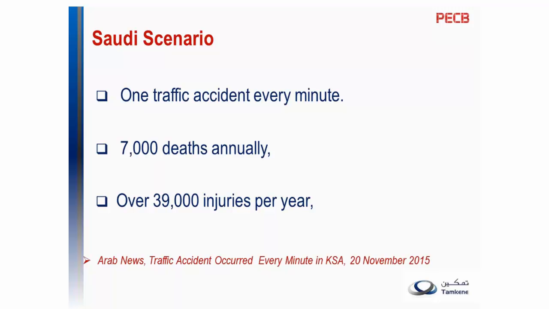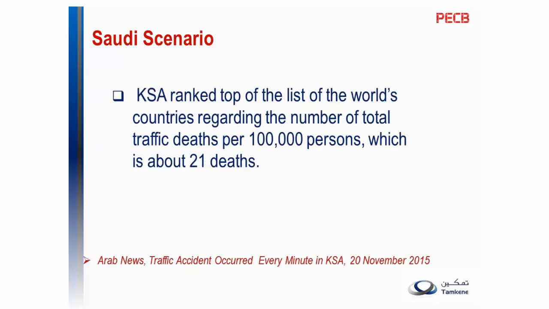That means roughly 7,000 deaths annually and over 39,000 injuries per year. Now, if you translate that into traffic deaths, KSA ranked top of the list of world countries regarding the number of total deaths per 1,000 persons, which is about 21.